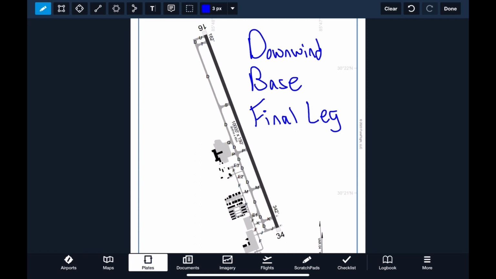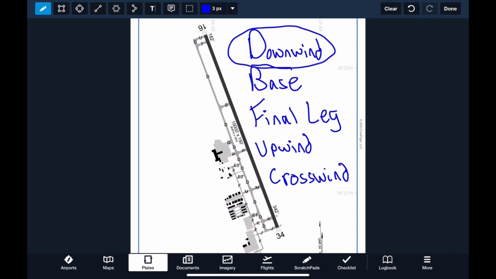Now these are the legs where you would be entering to land at the runway. After that, you also deal with the upwind leg, and you also deal with the crosswind leg. So let's first talk about the downwind leg.